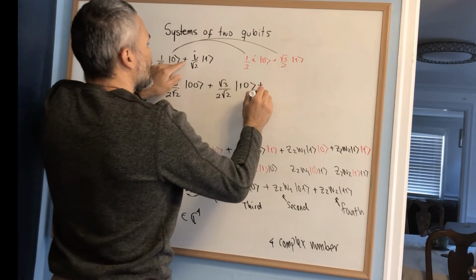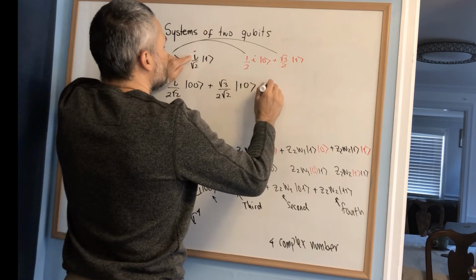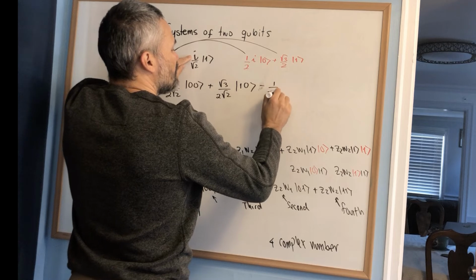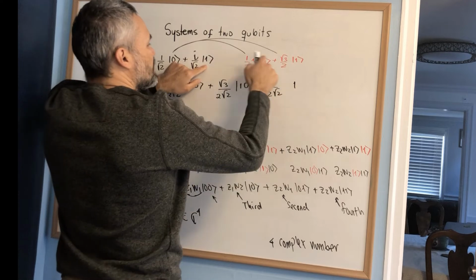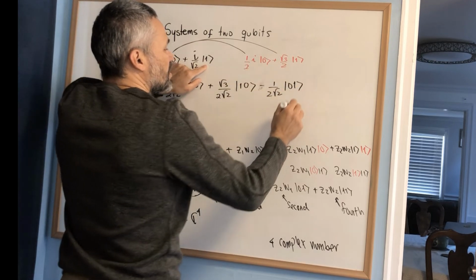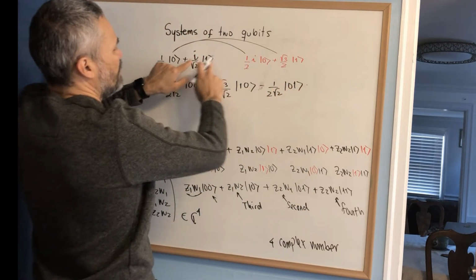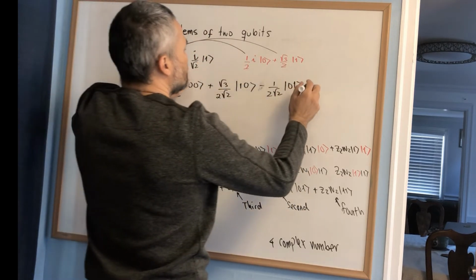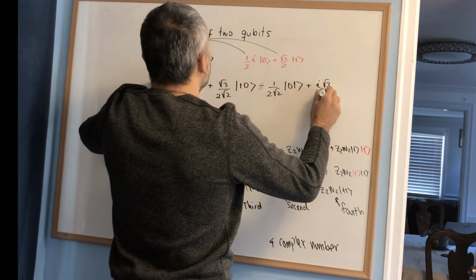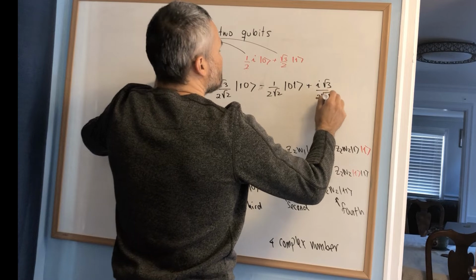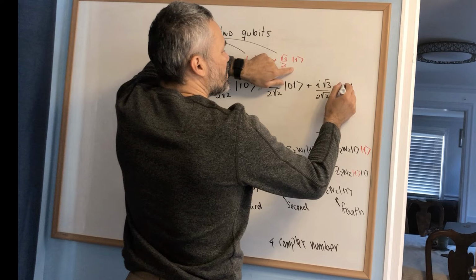And then plus I times I is minus 1, will be minus 1 over 2 square root of 2. We're writing this one on the right and this one on the left. And then, no, I'm not forgetting the I. And now we do this times this, which is plus I times square root of 3 over 2 square root of 2. And we're writing this one on the right and this one on the left.